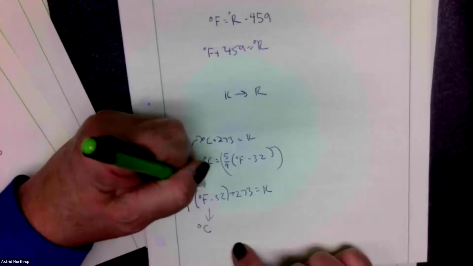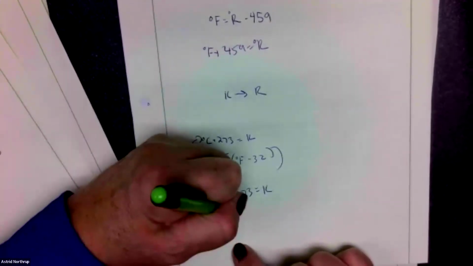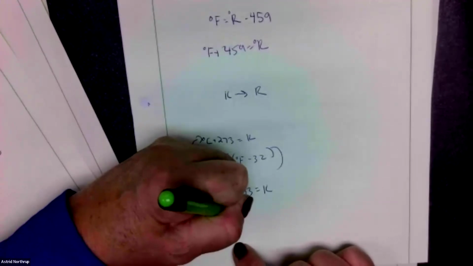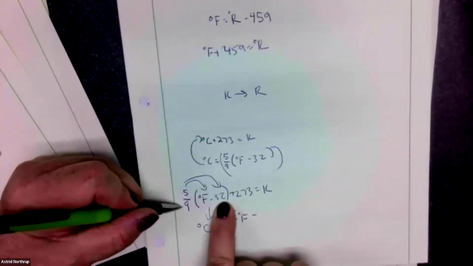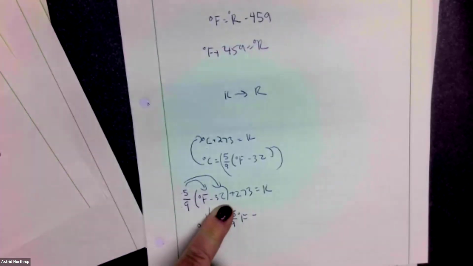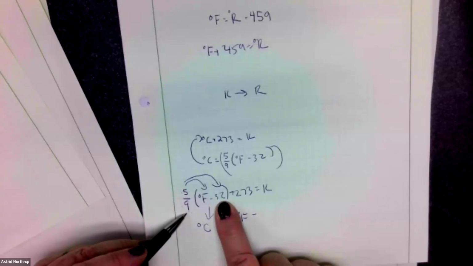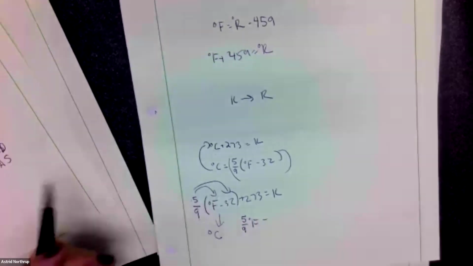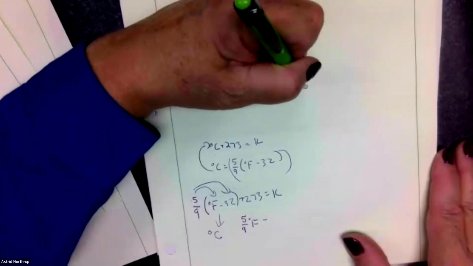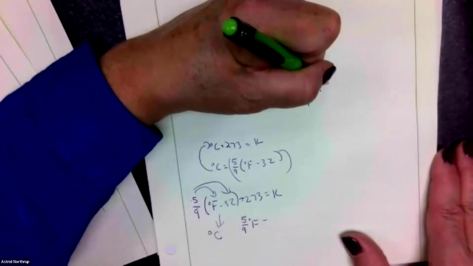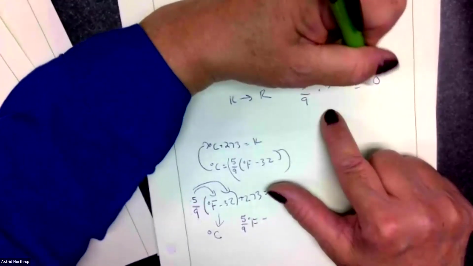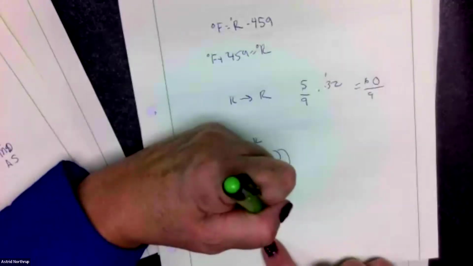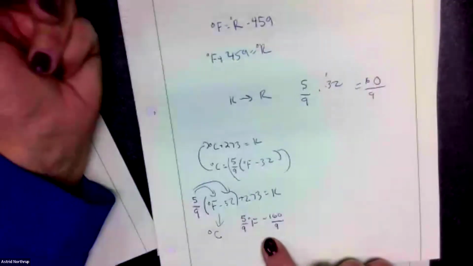And then if I multiply this through using order of operations, 5/9 degrees Fahrenheit minus 32 times 5/9. I should know what that is, but 9 doesn't go evenly into 32. 9 times 4 is 36. So I have to do a little old-fashioned arithmetic here. If I take 32 and multiply it by 5, that's 160 divided by 9.